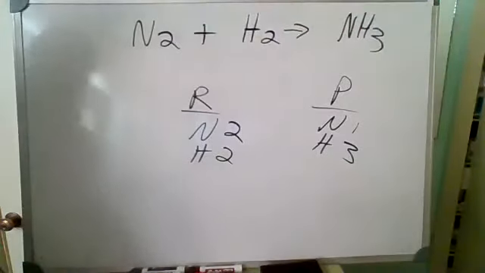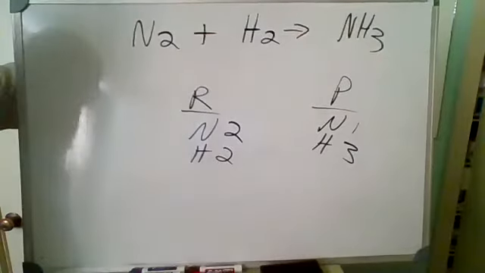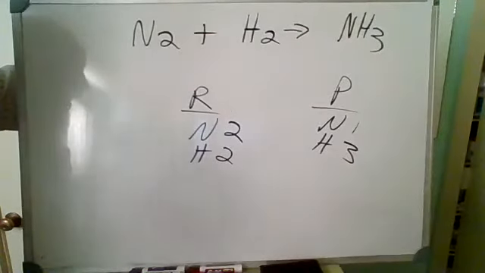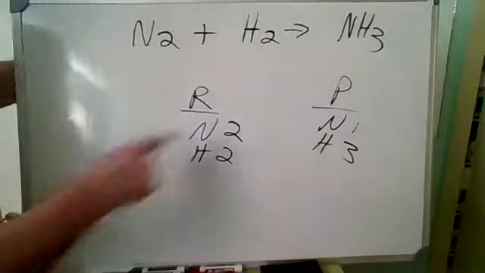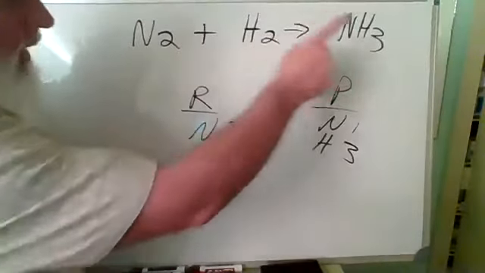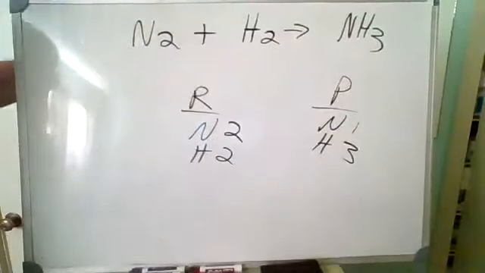Even though this is a trial and error approach, there are a number of little tricks or bits of advice to get you to the proper answer quickly, and we have one of them in this problem right here. Here I see an even number of hydrogens and an odd number of hydrogens.